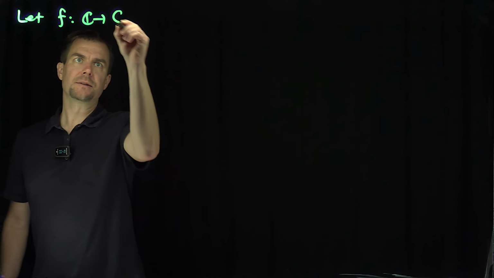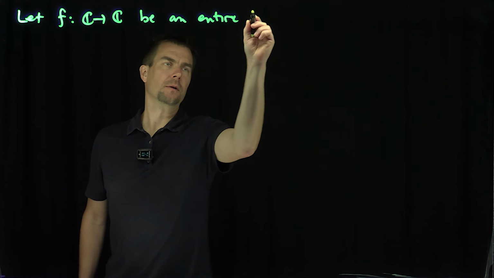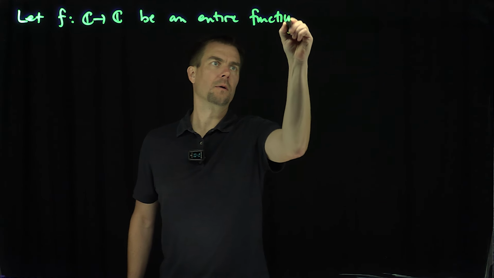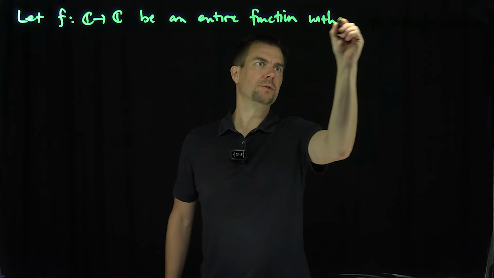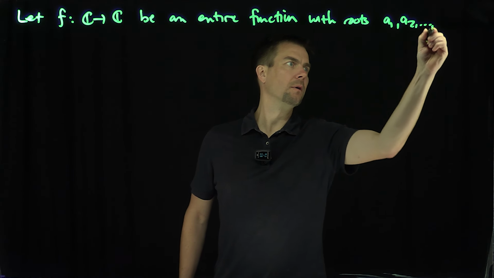Hello students, in this video we'll discuss finite rank and finite genus entire functions. Let f map C into C be an entire function with zeros or roots a1, a2, ..., an.